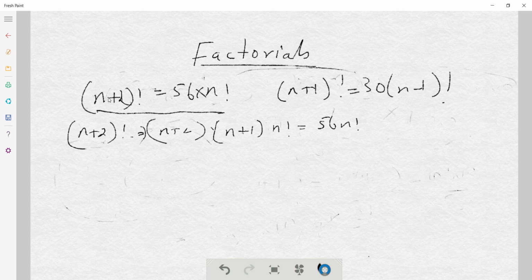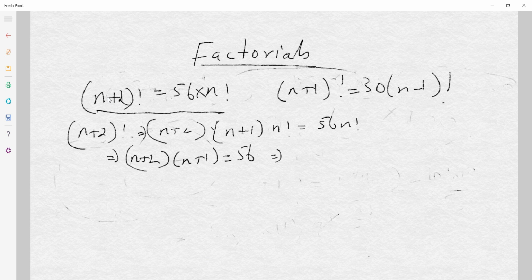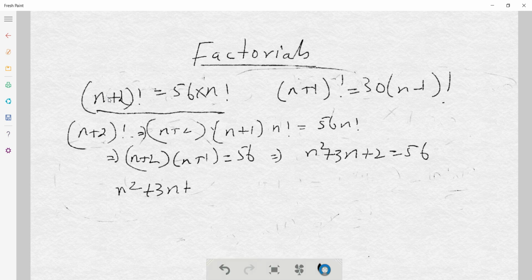So you can write it as n plus 2 times n plus 1 equals 56. This equals n squared plus 3n plus 2 equals 56, and so we get n squared plus 3n equals 54. It's pretty straightforward.